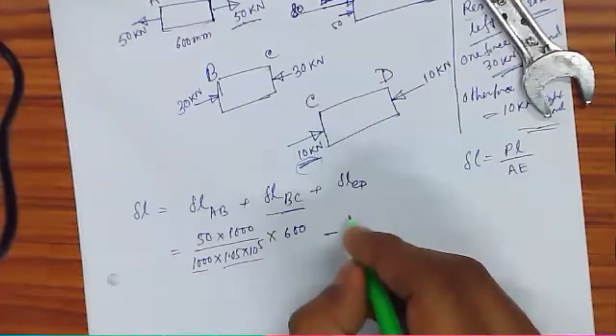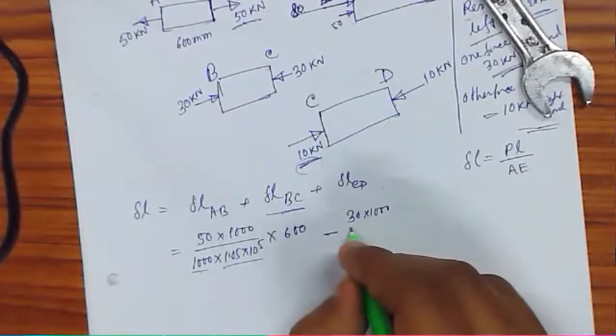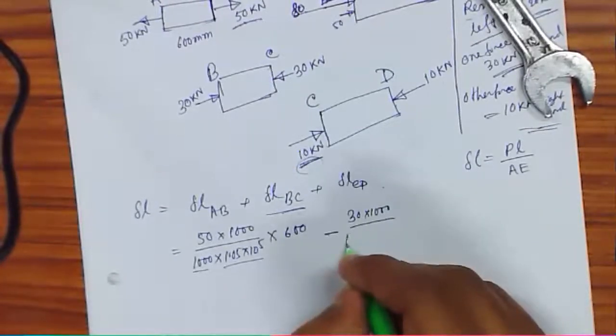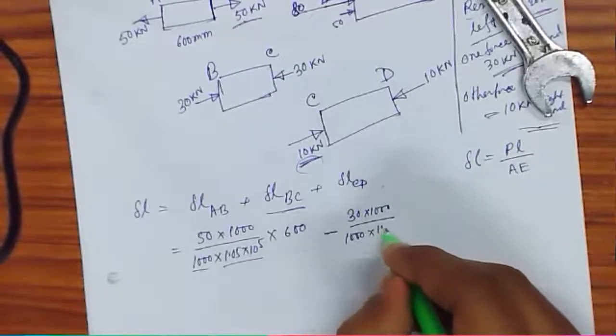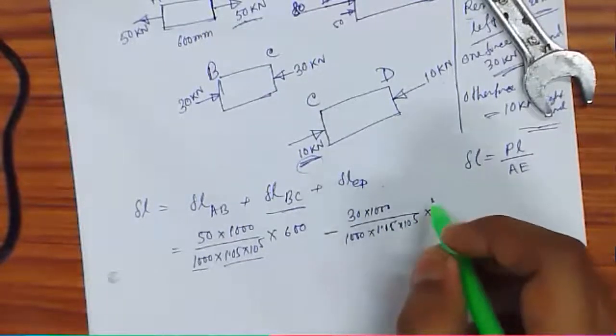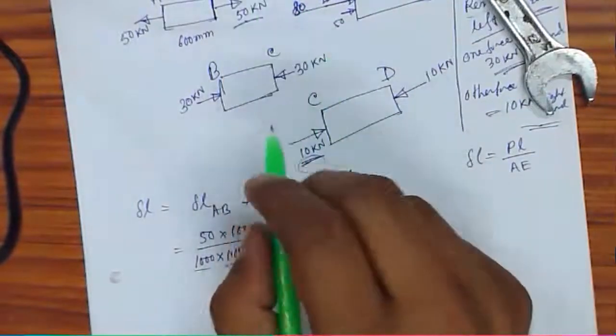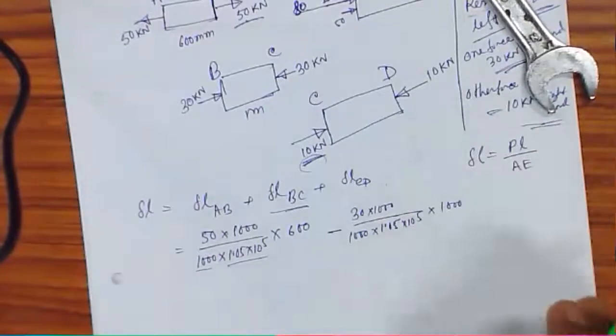So it will be 30 into 1000 by 1000. Cross section is the same, and E is also the same because the material is the same, into, now this is in meter, we have to change it into millimeter.